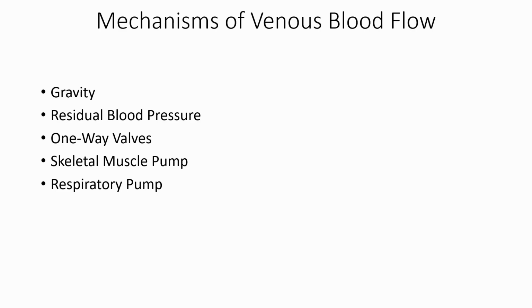So the respiratory pump basically uses the changing of the pressure in your lungs when you breathe. It's using your breathing to help move blood through the veins. When you breathe in, your diaphragm moves down, your ribs move up and out, and it creates a bigger space in your chest.